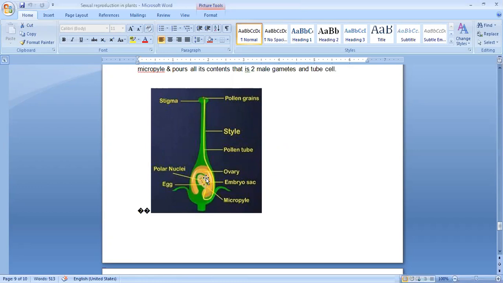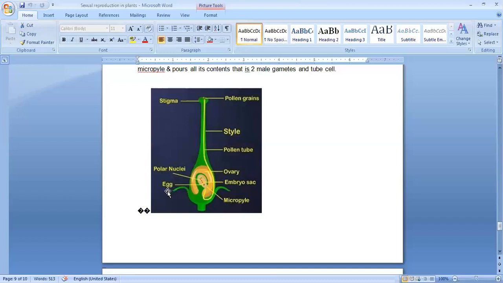Inside this ovule, there are 8 cells. Among them, one is known as the egg, 2 synergids, 3 antipodals, and 2 polar nuclei. One of the male nuclei will fuse with the egg, and another male nucleus will fuse with the polar nuclei.